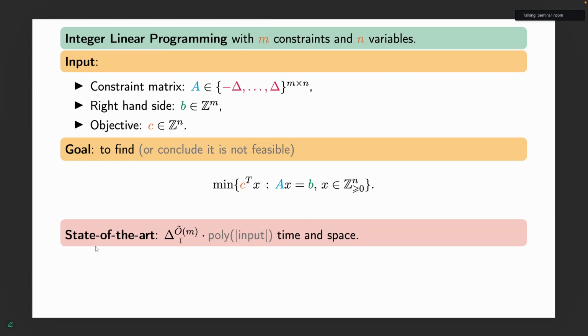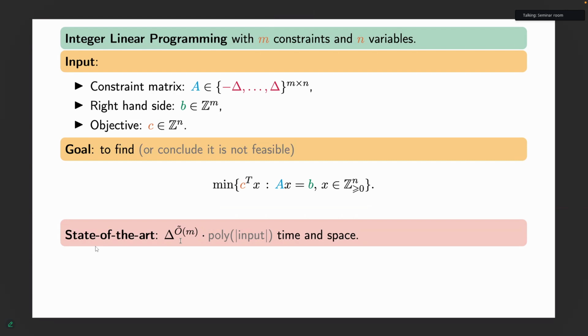So maybe you are aware of the knapsack problem. This is a special case of this problem when m is equal to 1, and indeed for the knapsack problem you have a standard dynamic programming that gives you a poly(n) times delta time algorithm. This is a standard dynamic programming exercise in undergrad courses.